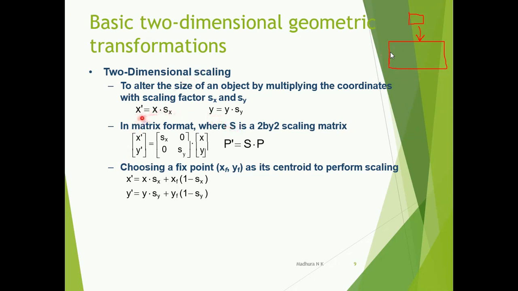X dash is the previous original vertex value x into the scaling factor sx, and similarly y dash is equal to y into sy, the scaling factor sy. So this is the actual formula for scaling.